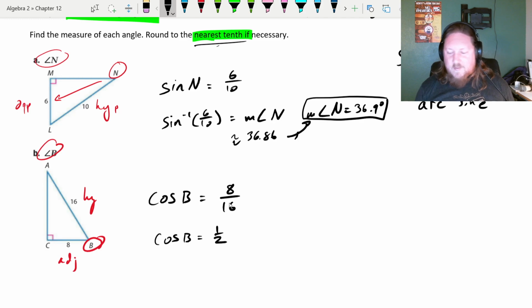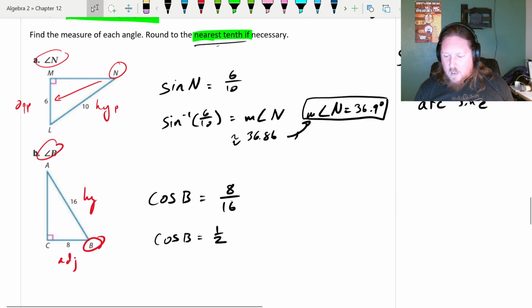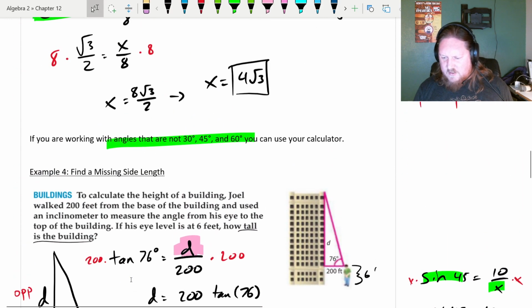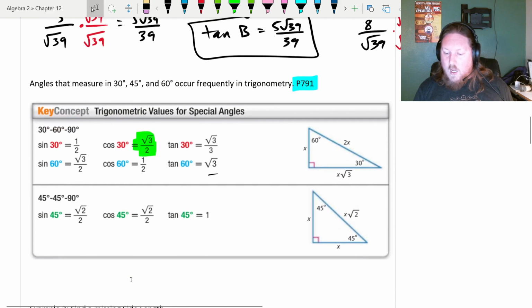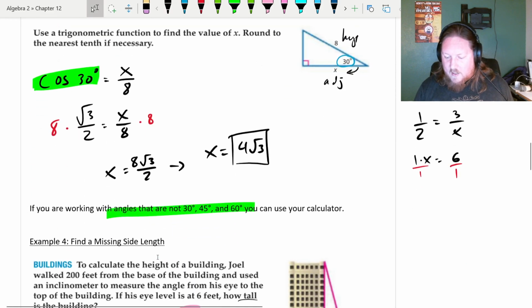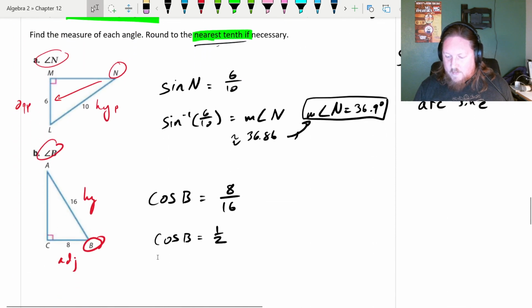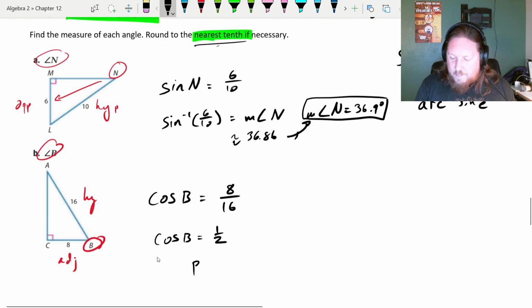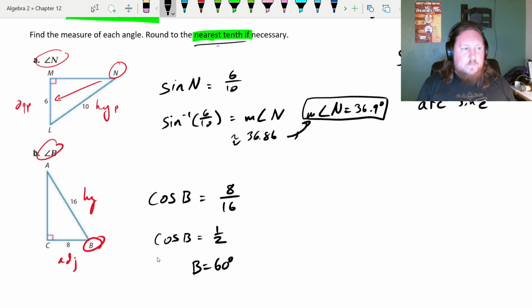Maybe that was one of the 30, 45, or 60 angles. If you go back up or turn to the page, was it 791? Yeah, 791. I see 1/2. Cosine of 60 degrees is 1/2. Oh, there we go. I don't even need to plug it in my calculator. I know the only angle that makes this true is if B is 60 degrees.